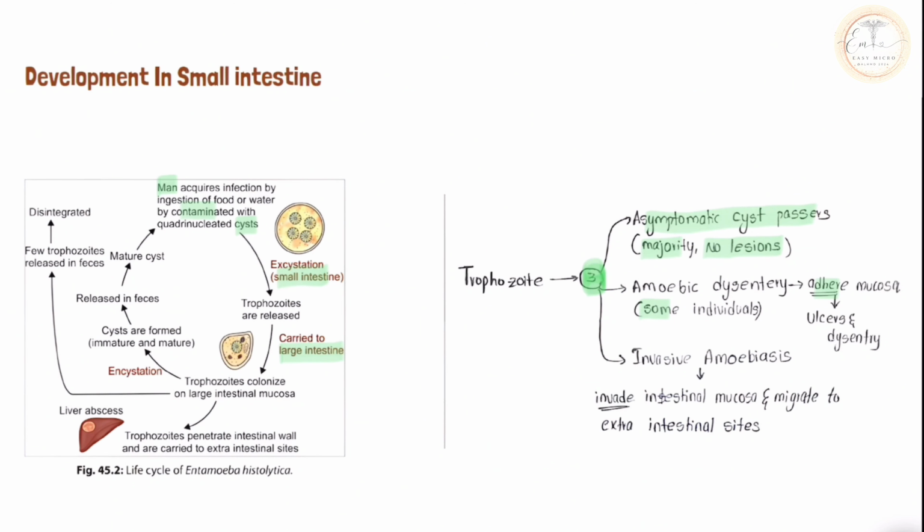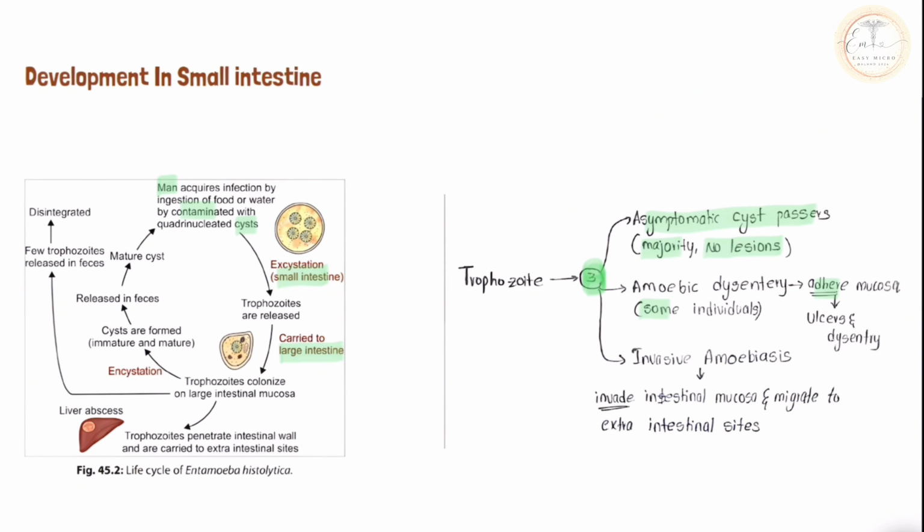And rarely it causes invasive amoebiasis. In those people, it invades the intestinal mucosa and migrates to extraintestinal sites like the liver and causes a liver abscess.